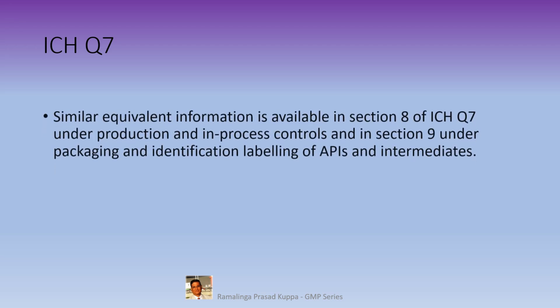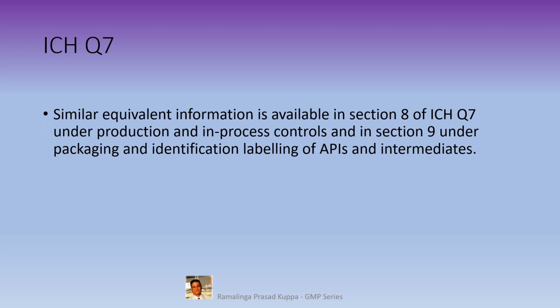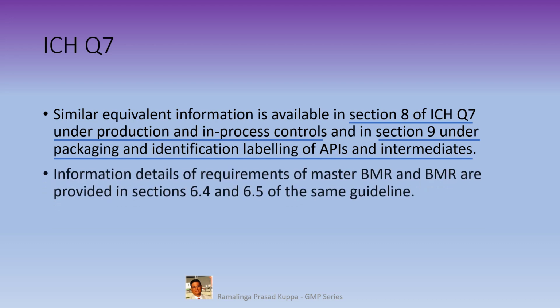Let us see the prescription in ICH Q7. Similar equivalent information is available in section 8 of ICH Q7 under production and in-process controls, and in section 9 under packaging and identification labeling of APIs and intermediates.